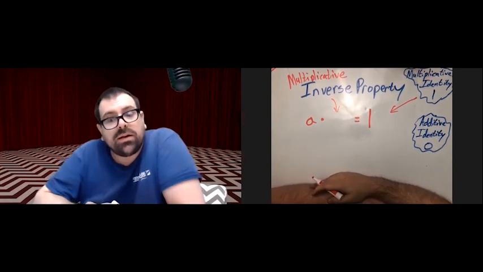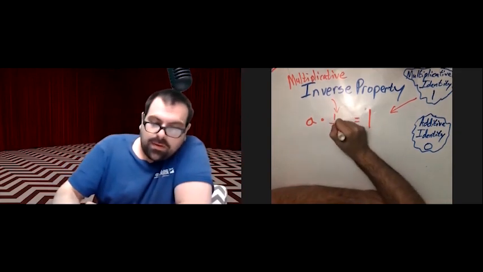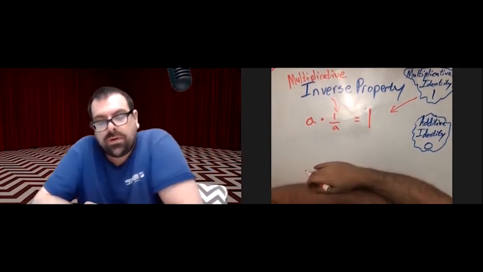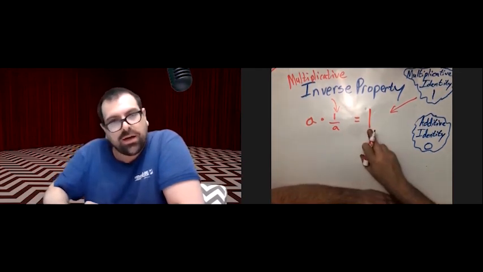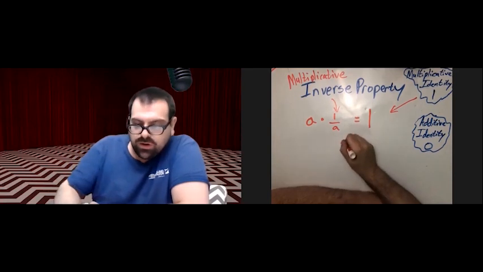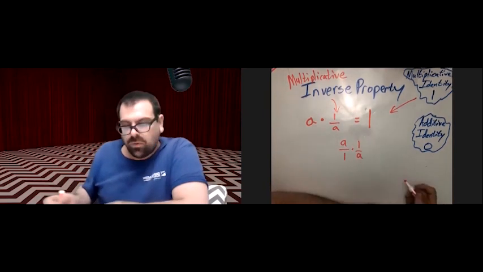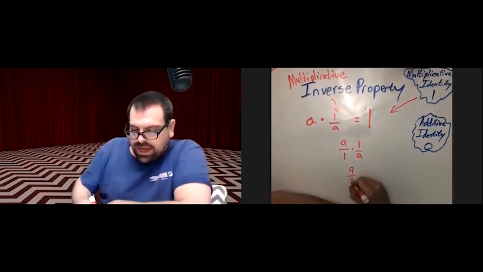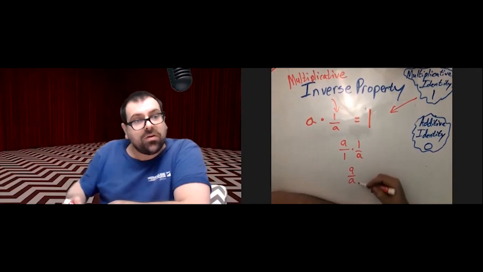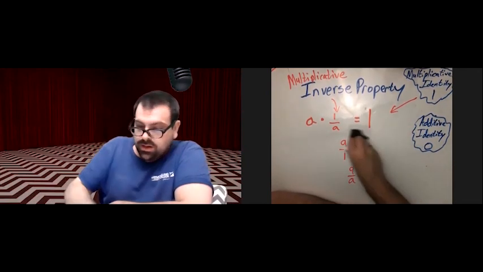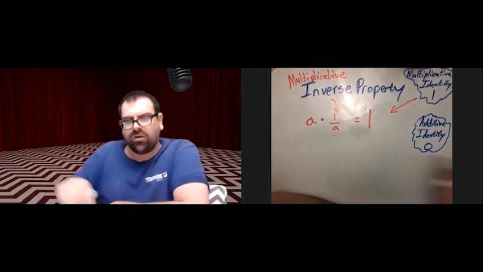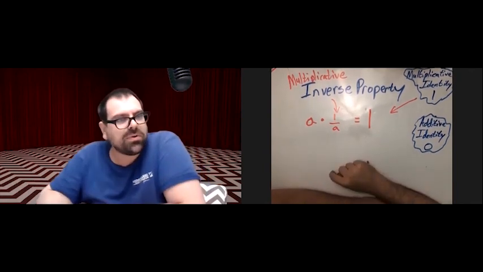Well, guess what? We would have to multiply a times 1 over a to get 1, because a times 1 over a would be a over 1 times 1 over a, which would be a over a, and anything over itself is 1. 1 over a, that's the reciprocal.